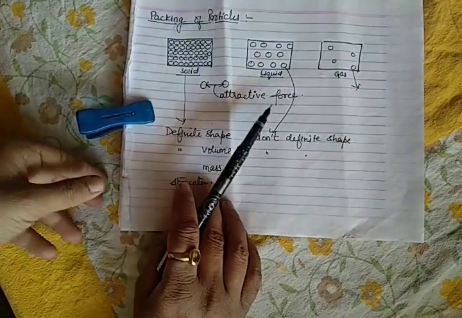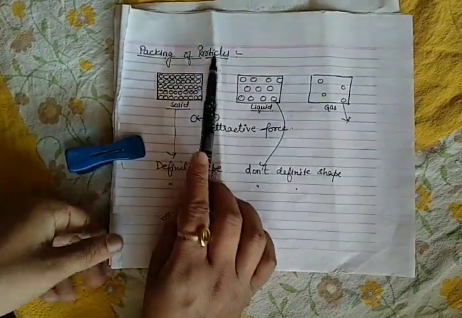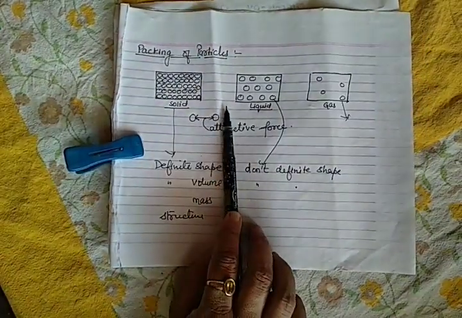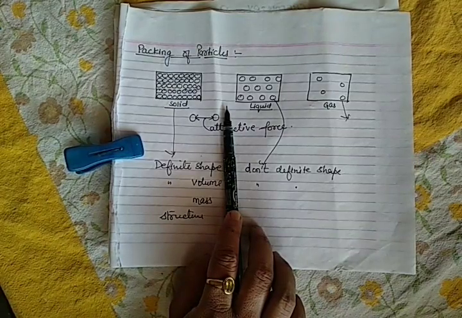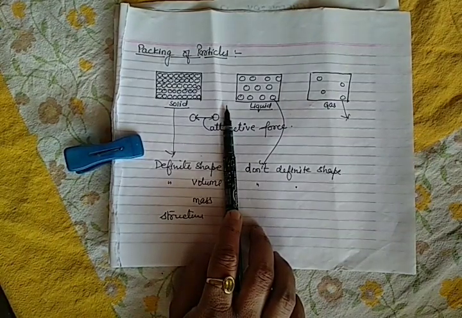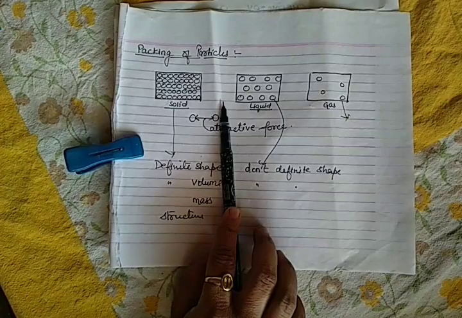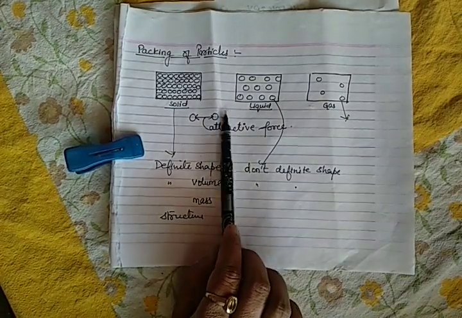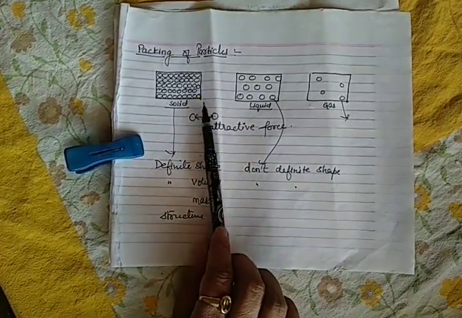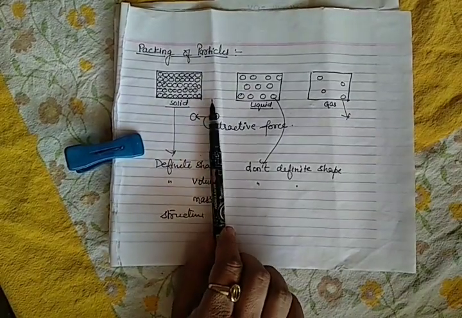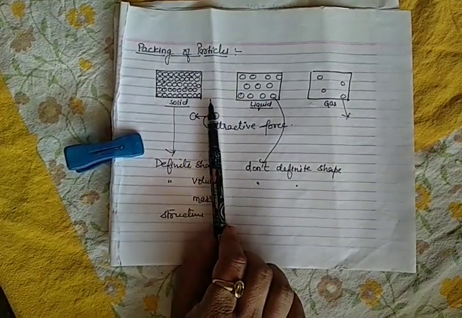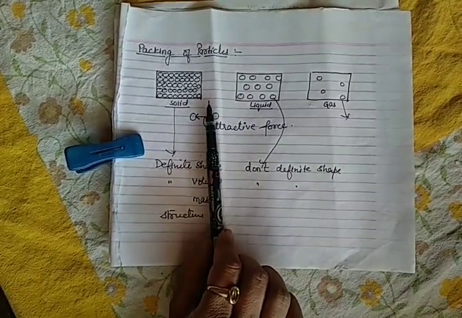So we will be discussing packing of the particles. Maharishi Kanad said all the padarth, or matter, is composed of very small particles known as atoms, or paramanu, right? So all matter consists of small particles known as atoms, and they are contained in the matter in different forms.